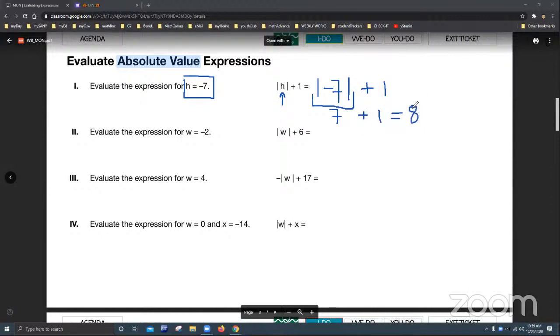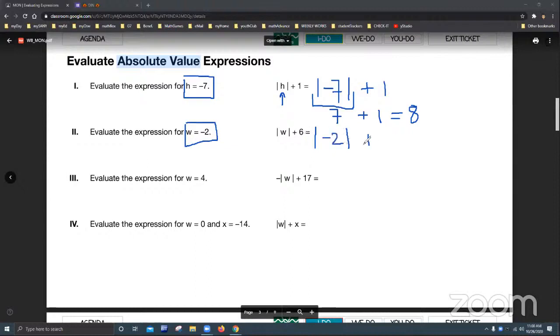So that's the only thing you need to know. Number one, just replace the variable with the number value. Number two, just remember that absolute value makes everything positive, whatever you see inside. The next example says if W equals negative 2. Again, we will do the same thing. I'm going to open up the empty absolute value bars, and inside there is a W. Instead of W, I'm going to replace it with negative 2, because the value for W is negative 2.